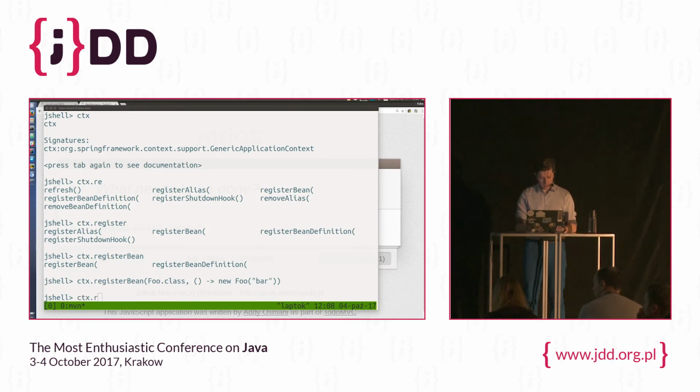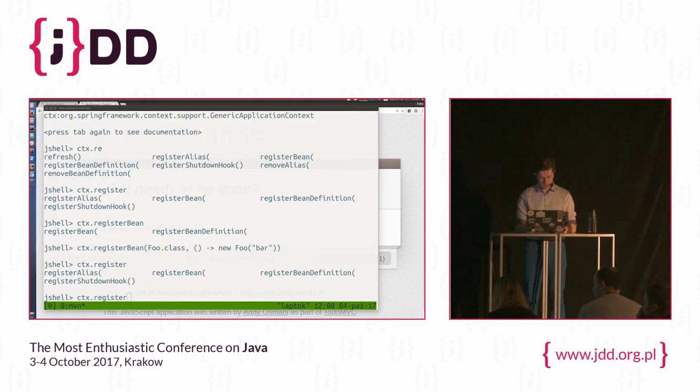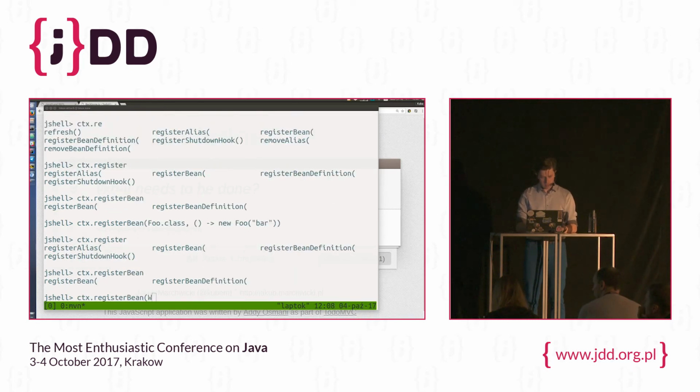And we can also register bean, and we will take a wrapper class, but we will say that it has a bean definition, bean definition set scope to prototype. Okay.